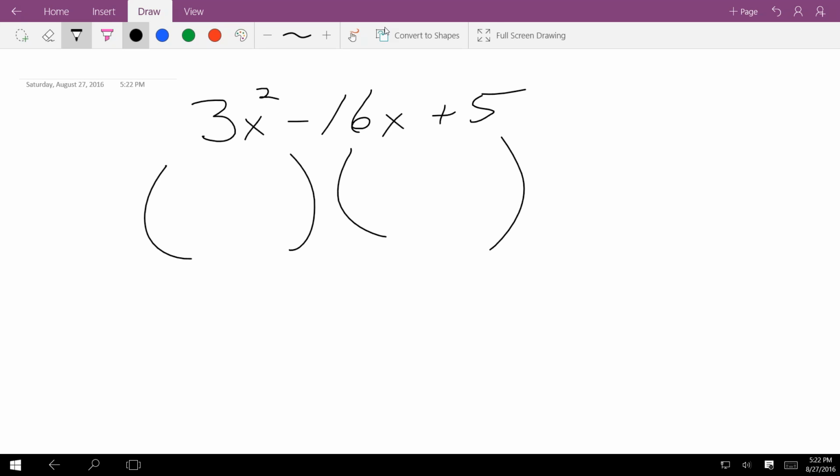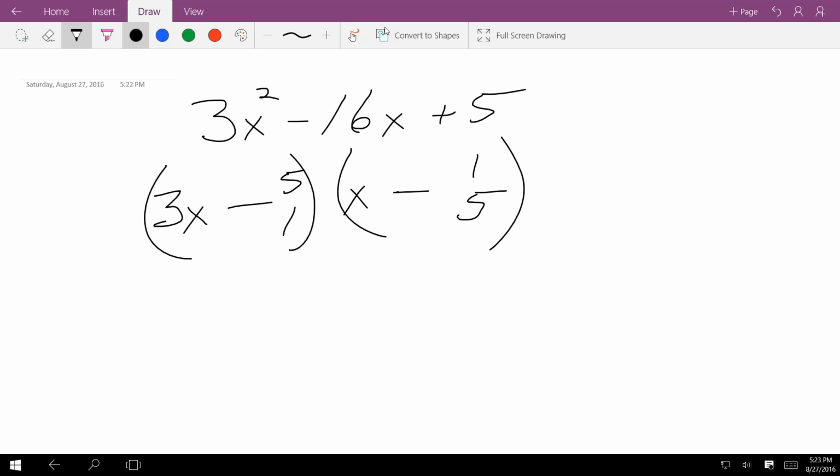I can only split this up in one manner. What are both signs? We have a negative and a negative. And it's either 5 here and 1 there, so I'll try that one. Or it's the reverse, 1 there and 5 there.